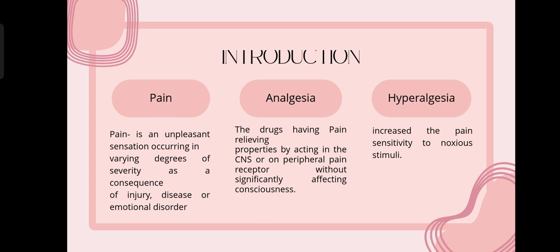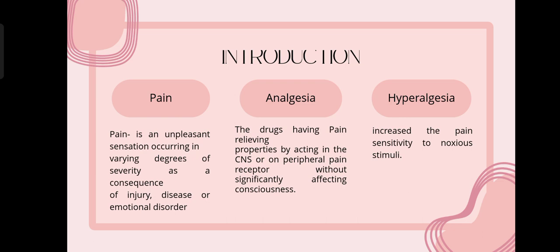Okay, now what is analgesia? Analgesia is those properties of the drug which have pain relieving action. Okay, it is having pain relieving action. Either these drugs may act centrally, that is in the CNS, or peripherally, or they will act locally, that is at the site of pain or at the site of injury.